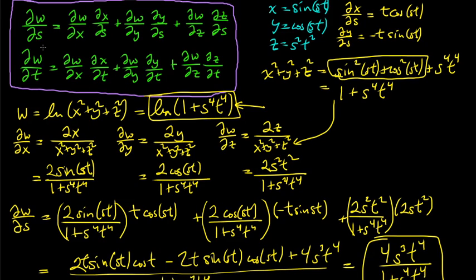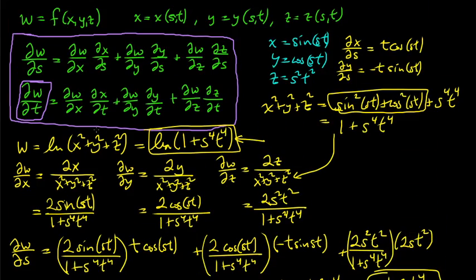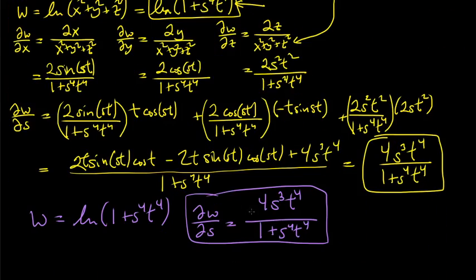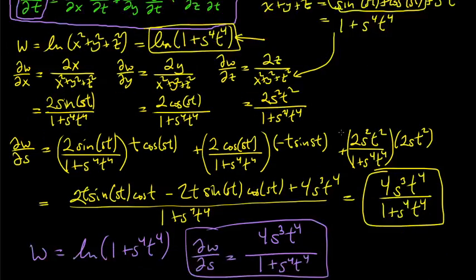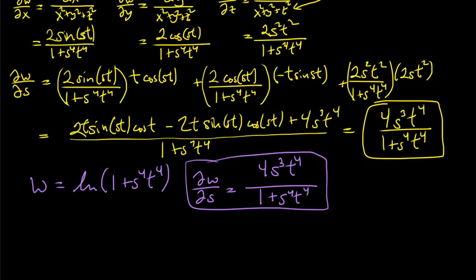Right, and so you've got to do this all over again for the t partial of w, but I think you can handle that, right? If you can handle the partial derivative with respect to s, it's not much harder to do the partial derivative of w with respect to t. In fact, I'll just use the shortcut here.